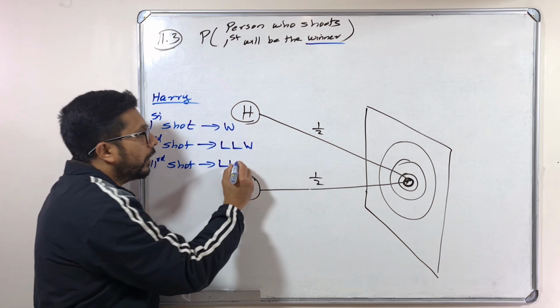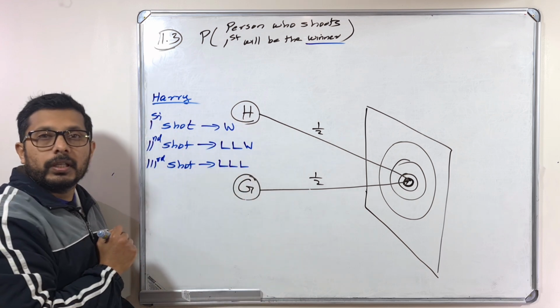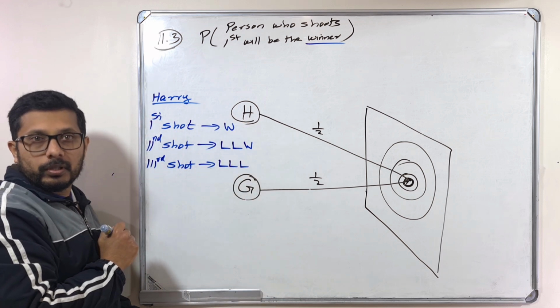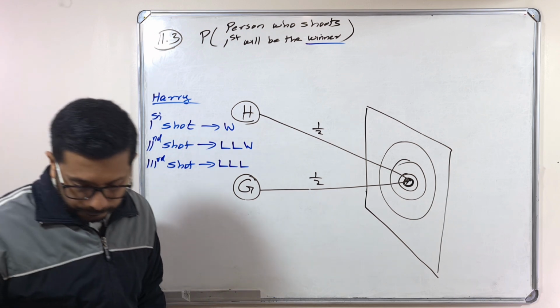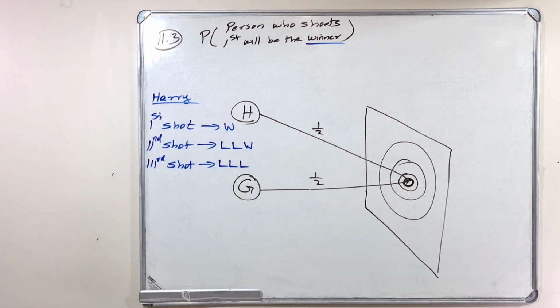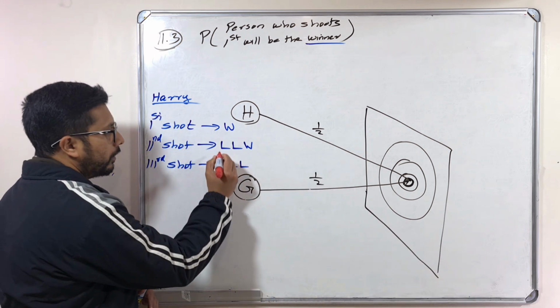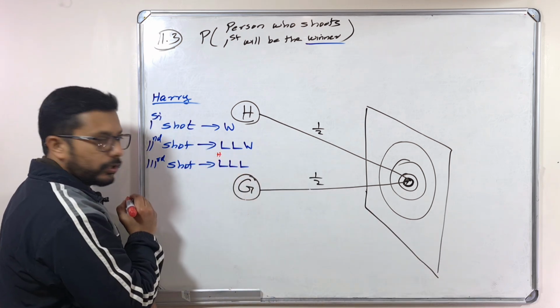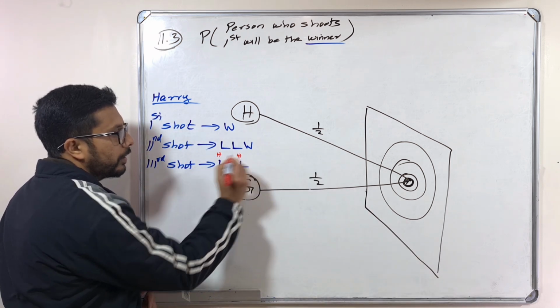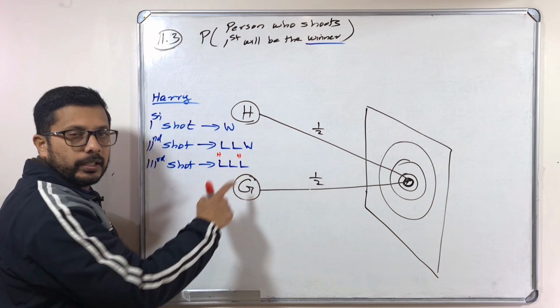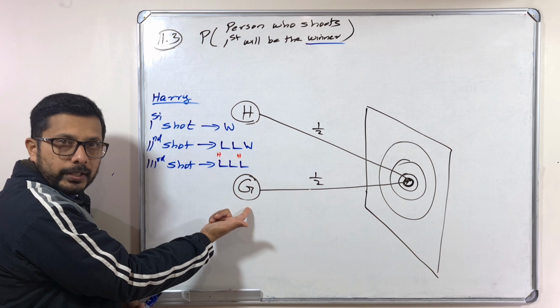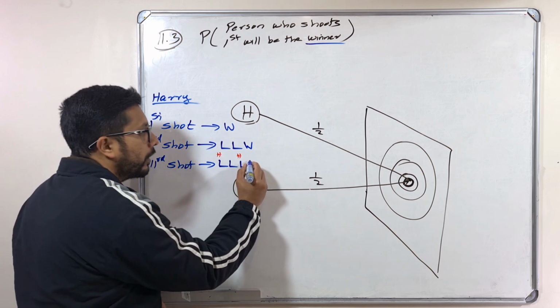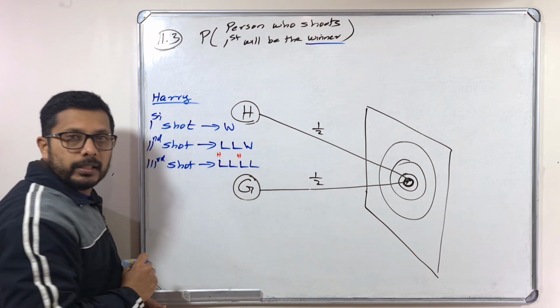Assume that there also he missed the chance. So this is Harry's first shot, this is Harry's second shot. There also he loses. Then again it will go back to Glenda. Then assume that Glenda also misses that second chance.